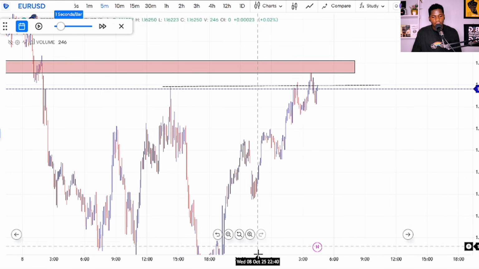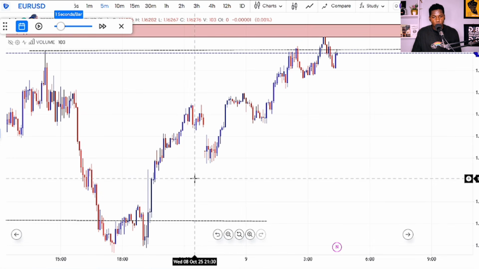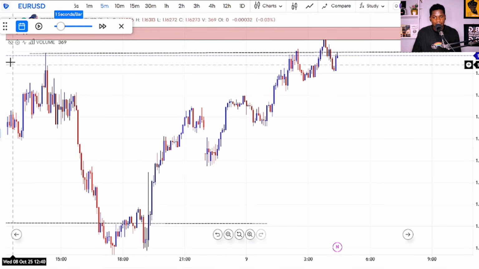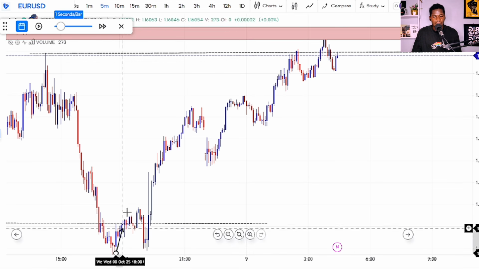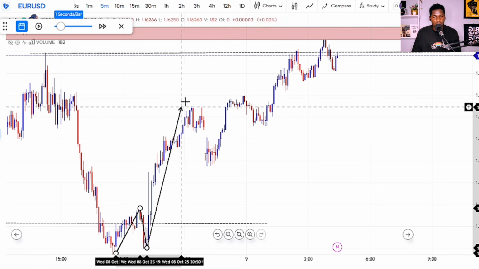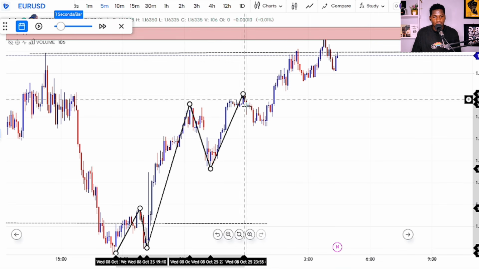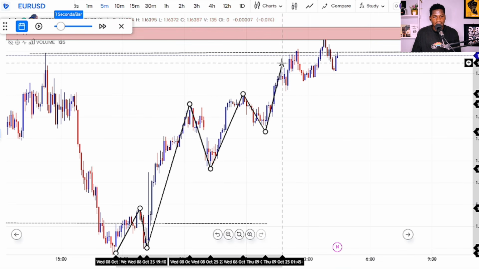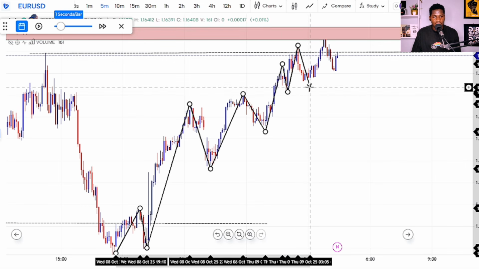Perfect. Now, when taking entry, you need to understand the trend that takes price to your point of interest, because that imbalance is our point of interest. So we're having price moving like this, like this, and still coming and moving like this, right?